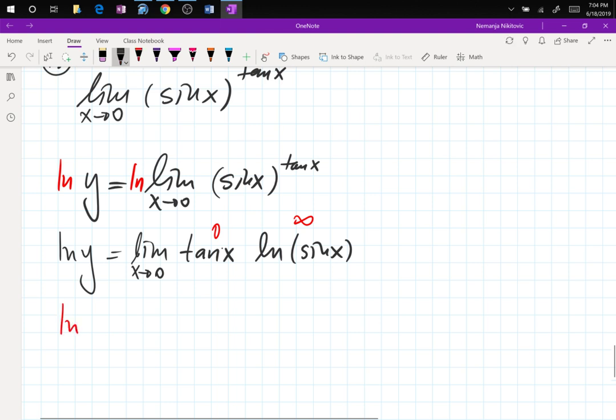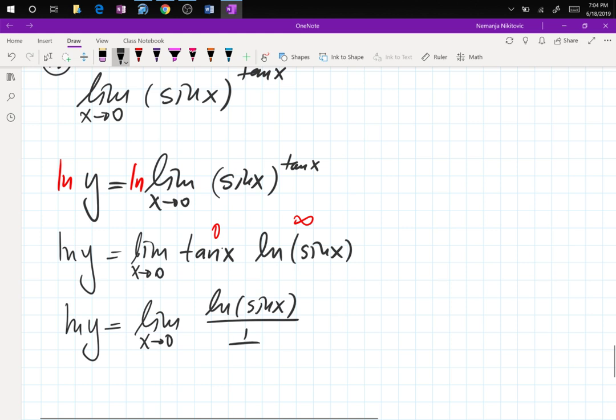So now ln y is equal to the limit x goes to 0 and I have ln of sine x divided by 1 over tangent x.